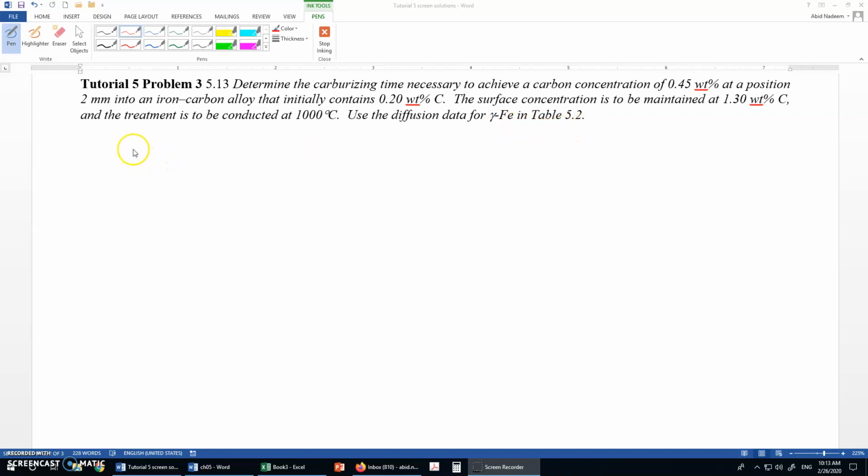Okay, so in this problem you have some concentration data with respect to time and position. Let me draw a line. This line represents the position, say this is an x-axis, and this is the surface.